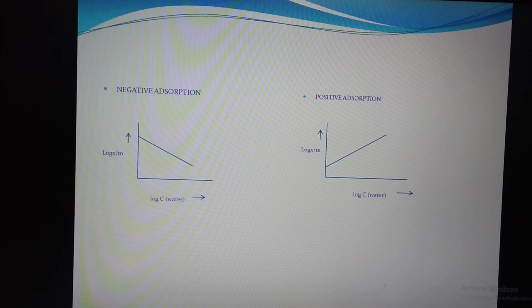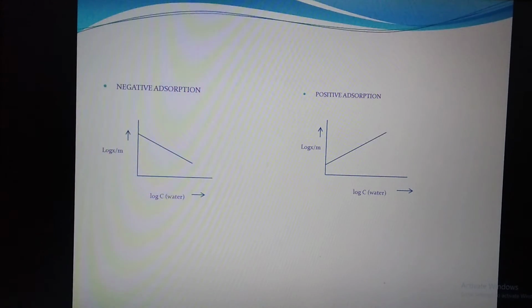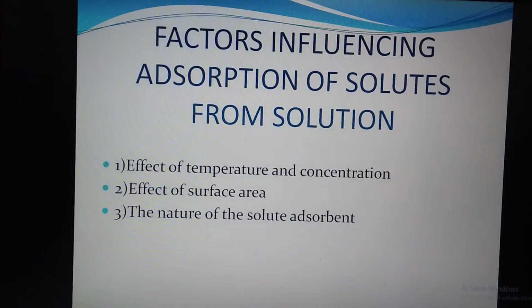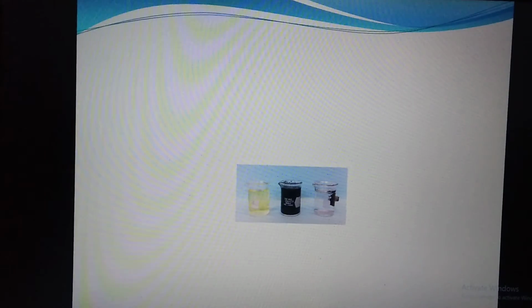Charcoal adsorbs KCl rather than water, thereby the salt concentration decreases. You can see the graph increasing. It absorbs the salt and leaves the water remaining. This is the example for charcoal.